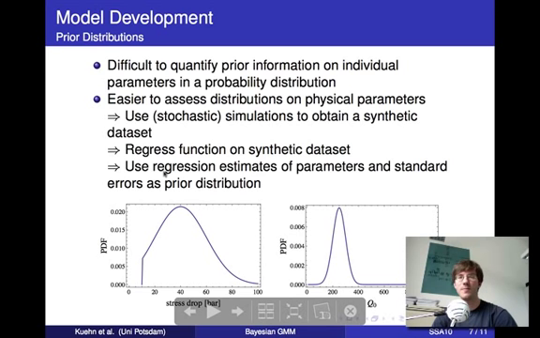We have specified distributions over stress drop and Q0, and then use stochastic simulations to obtain a synthetic data set, and then we have regressed our function on the synthetic data set, and then we use the regression estimates of these parameters as the prior distribution for our model.